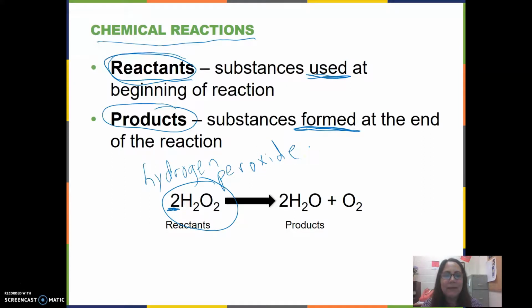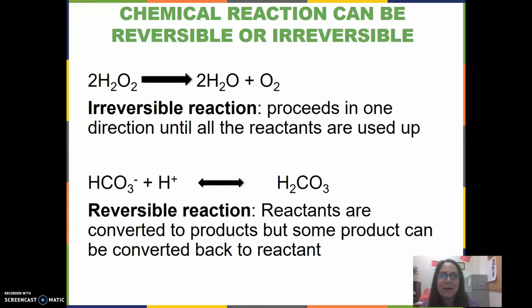If it has been sitting there for several years, for example, it has probably already broken down into water, H2O, and oxygen gas. So it would be useless if you were to need the hydrogen peroxide to sterilize a wound or something like that. The hydrogen peroxide reaction, where it breaks down into water and oxygen, is called an irreversible reaction. Once it happens, the water and the oxygen aren't going to recombine and form back into hydrogen peroxide. That is not going to happen.